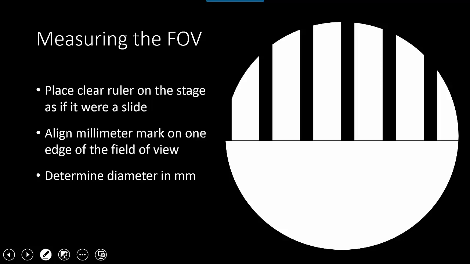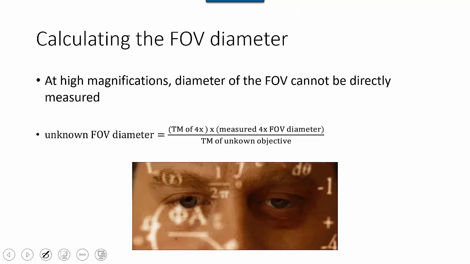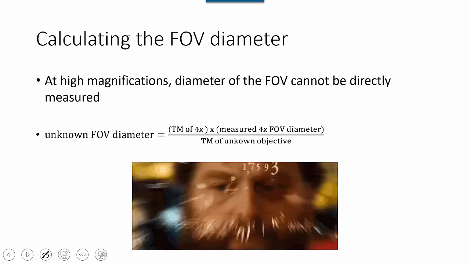Once you have it lined up, count the spaces between the millimeter marks to determine the diameter of the field of view. If what you see were like what's shown on the screen, then this would be 1, 2, 3, 4, 5.5 millimeters.